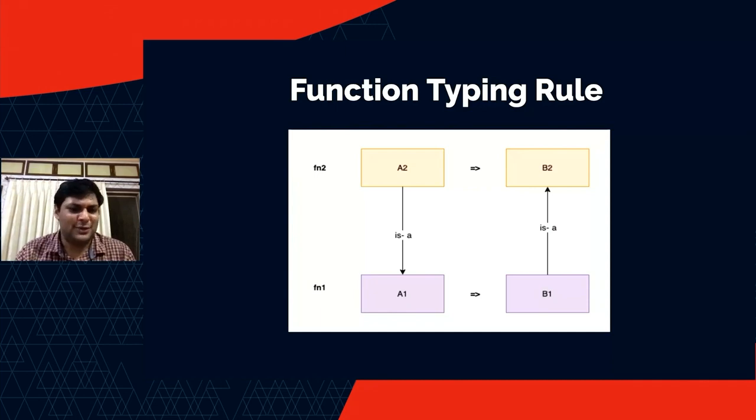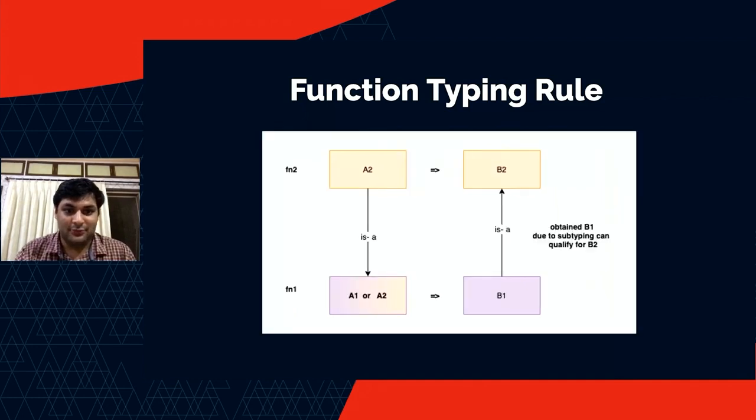So with the Liskov substitution principle, we can substitute A2 in Function1 because it's a subtype. So we put it in, and we get B1 out as an output, of type B1. So B1 can qualify as a B2 because it's a subtype of B2.